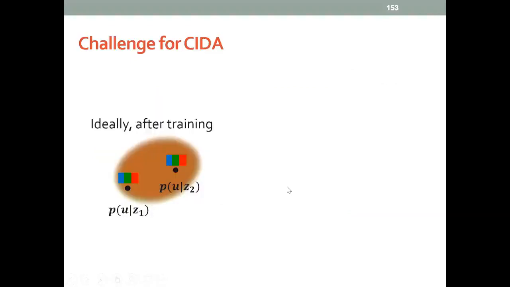And ideally, we want all these domains to be aligned perfectly. And by aligning, I mean that if you look at each of the embedding points, and if you look at the probability of the embedding coming from every domain, it should be the same everywhere.